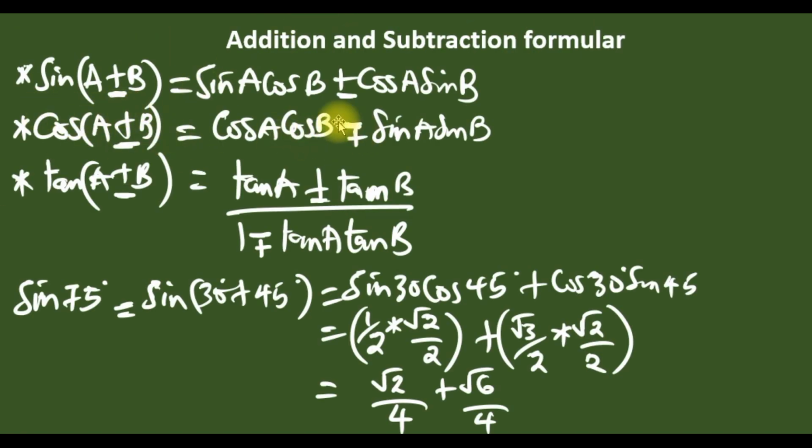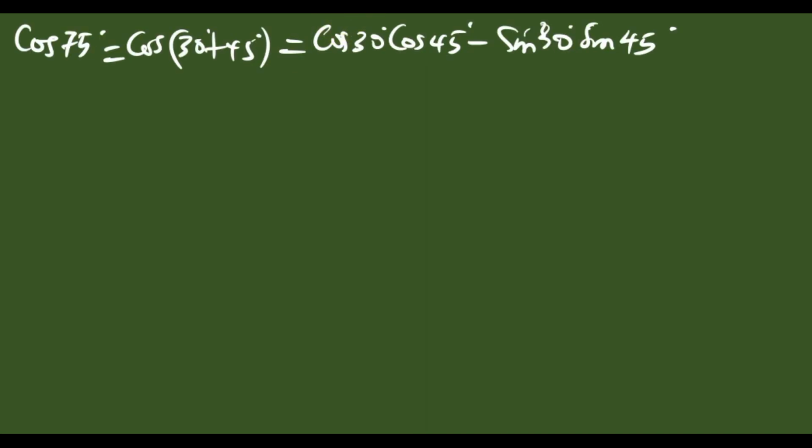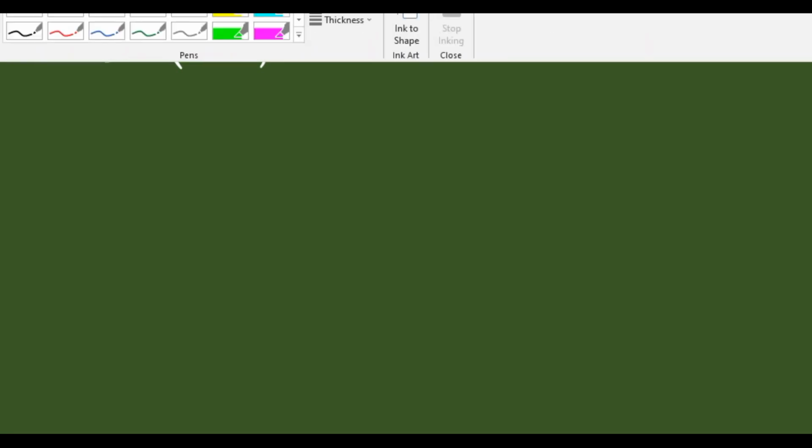See it, cos of a plus b is cos a cos b minus sine a sine b. Since it's positive here, it's negative there, so we'll continue.